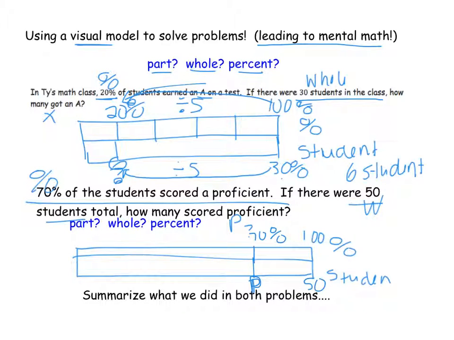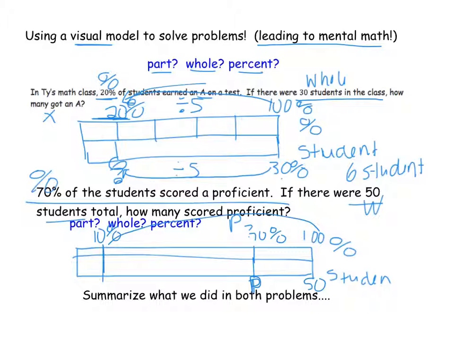To go down to 20, because 20 is not our answer, and 100 divided by some number doesn't get us to 70, so I'm going to go all the way down to 10%.